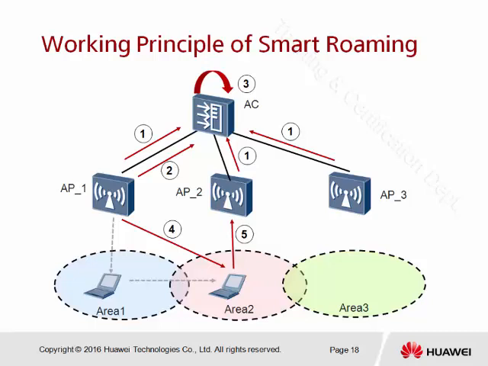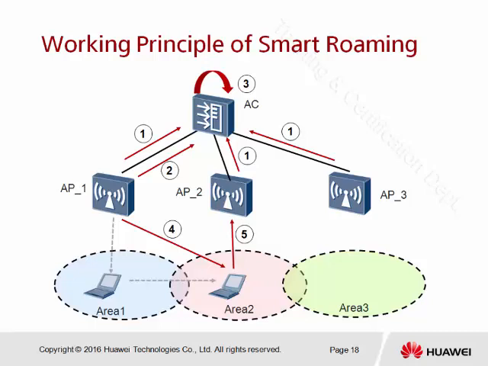At the beginning step, the PC is located in area 1. Inside area 1, it sends all the frames to the AC through the AP1. The PC can support 802.11k, so it sends its own information to the AC, of course through the AP1.